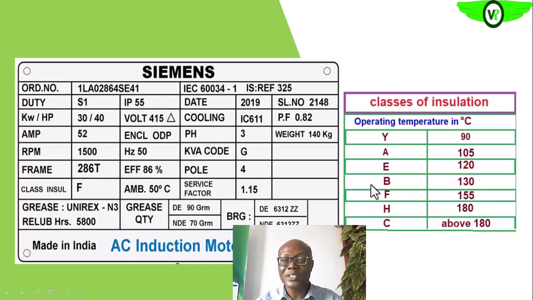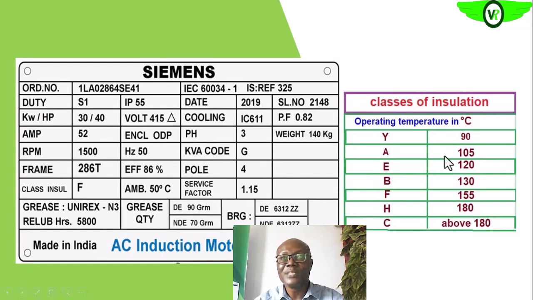So now the danger is this: if I go and use an A class material for an F, where I'm supposed to use an F material, the maximum temperature it can comfortably stand is about 105. Anything beyond 105 will destroy the insulation of that material.